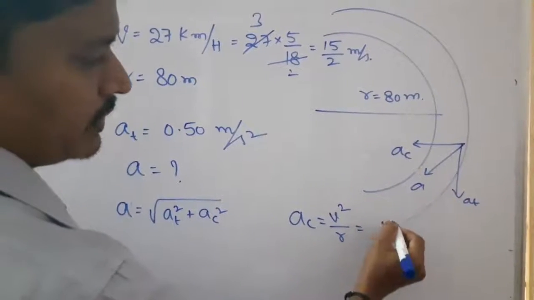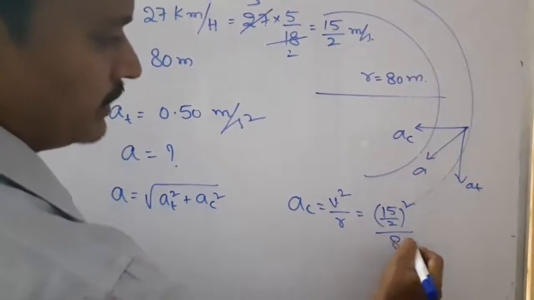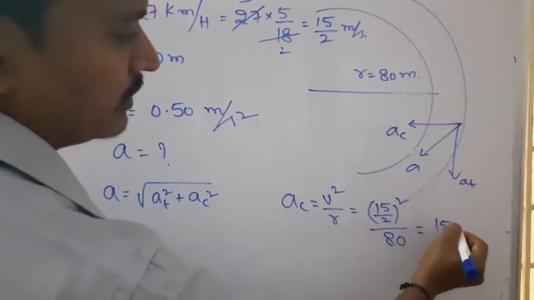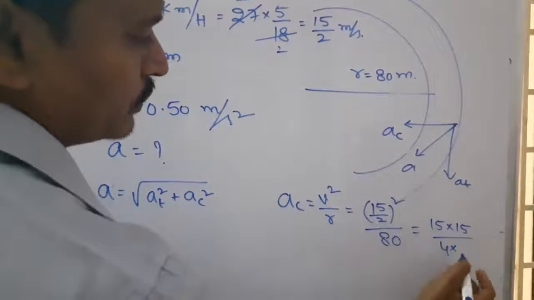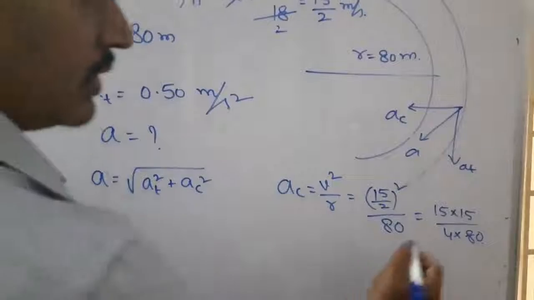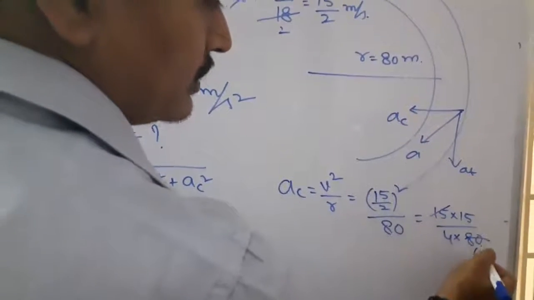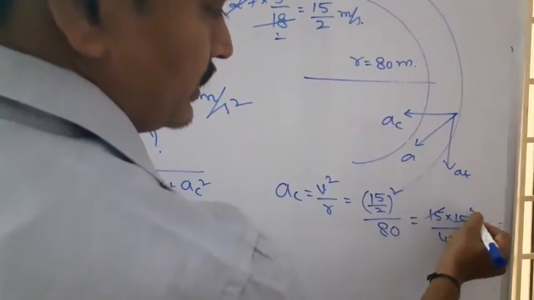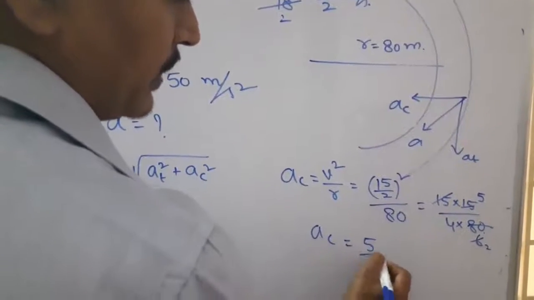So (15 divided by 2) whole square divided by 80, therefore 15 into 15 divided by 4 into 80. Therefore ac is equal to 5 by 8.